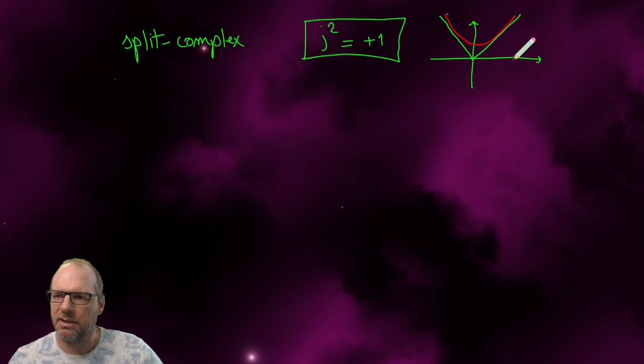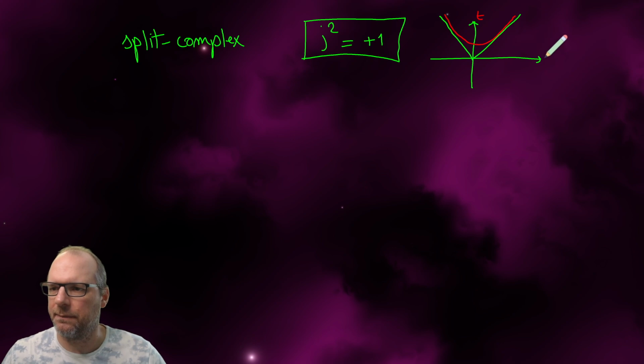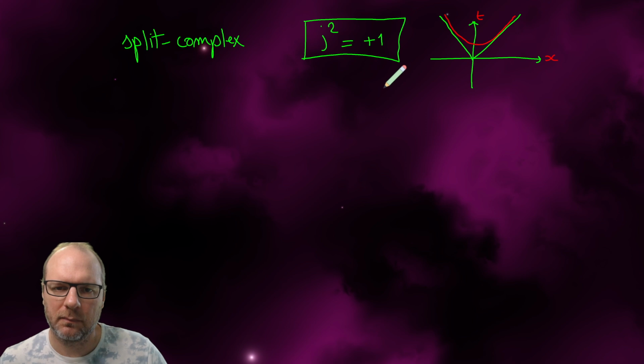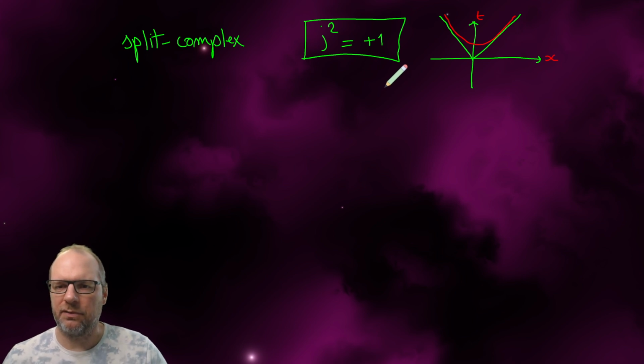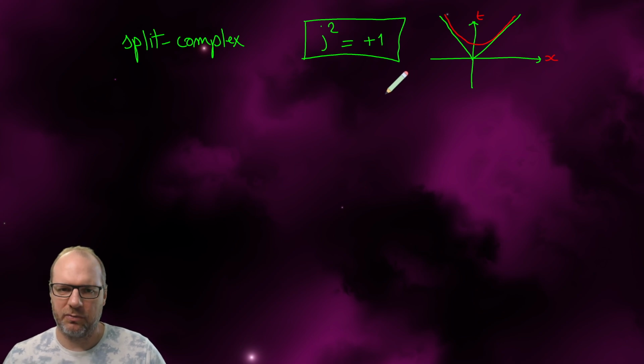In special relativity, we have time and space. The split complex numbers will perform the boost in space-time. It's equivalent to the rotation in Euclidean geometry, but we have numbers tailor-made for space-time geometry, the Minkowski plane.